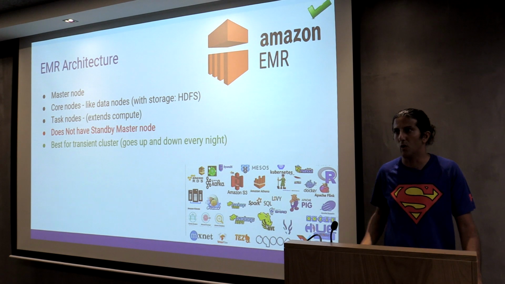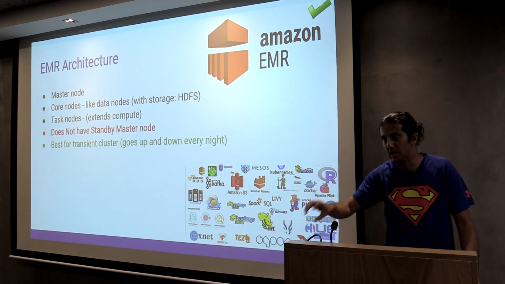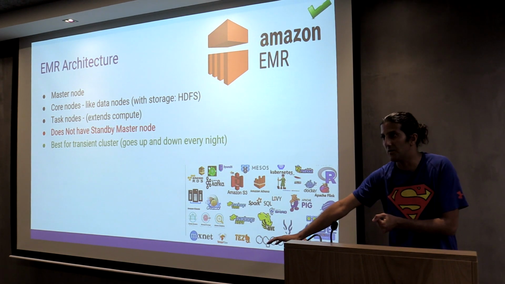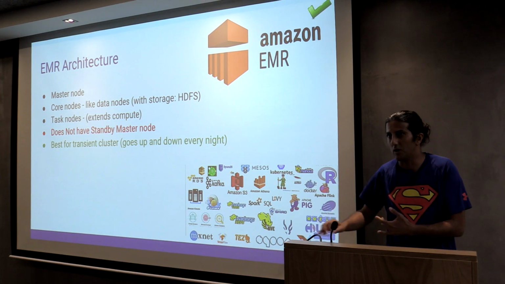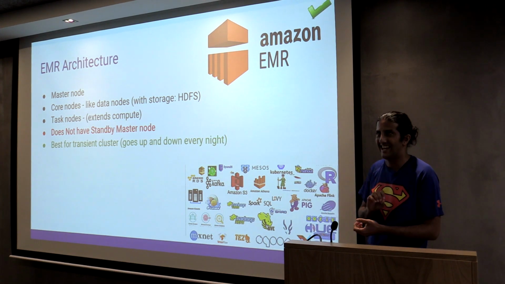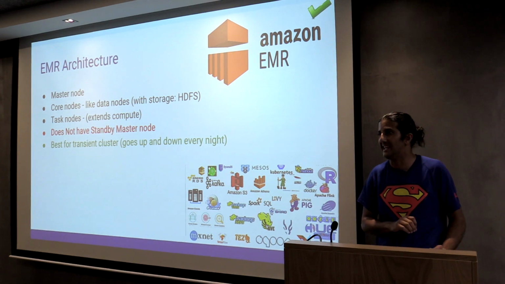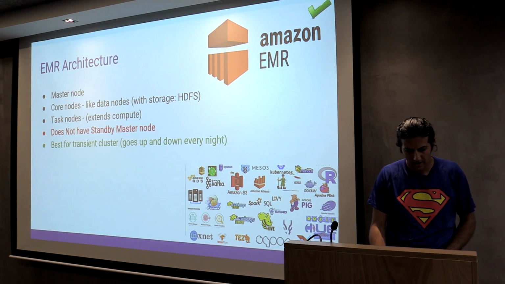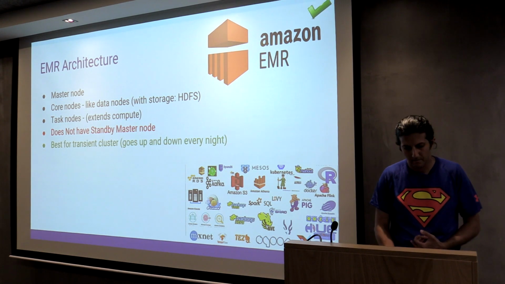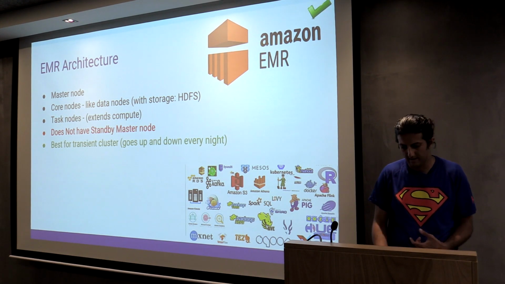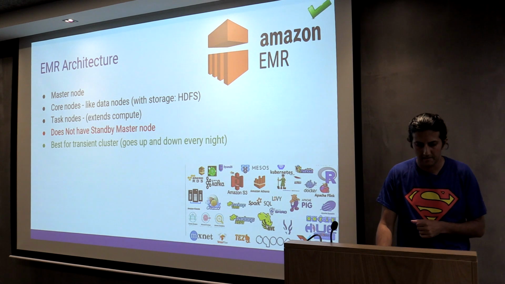That means they go up, they do the jobs, and they go down, and you keep the data on S3, and all the metadata is stored externally, so you don't lose anything even if the cluster is deleted. Okay, so that's the best practice. This is why it's green, so the red is not very significant.